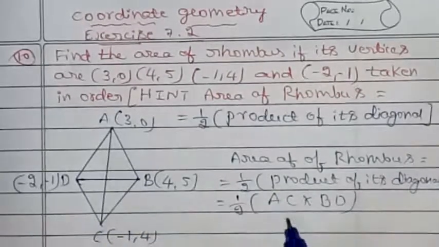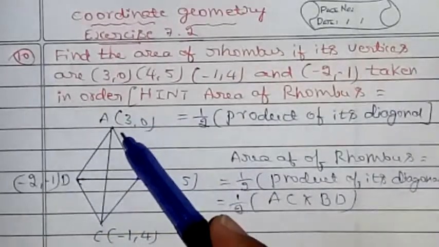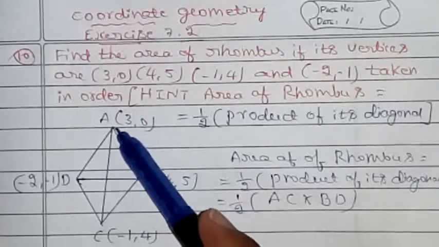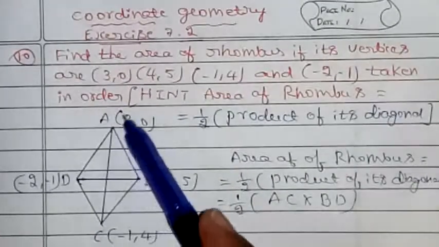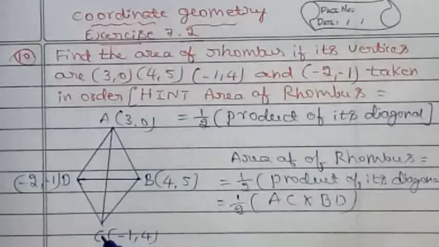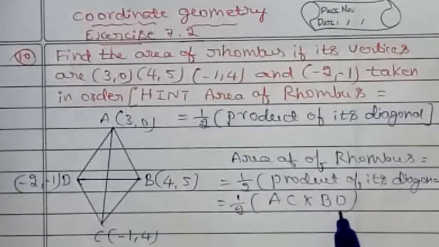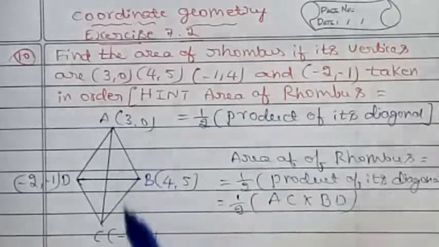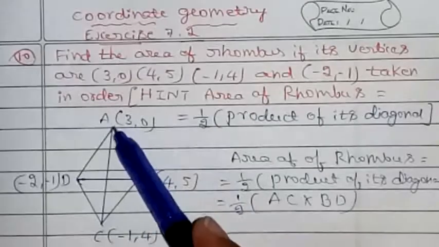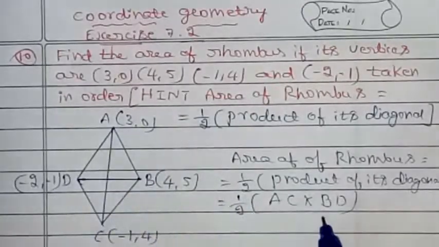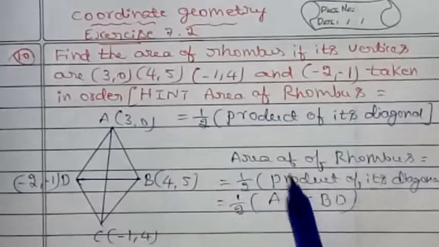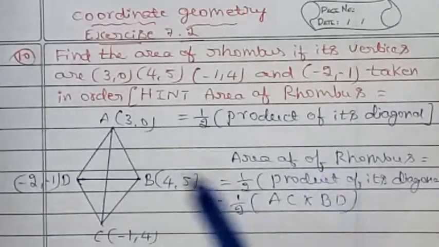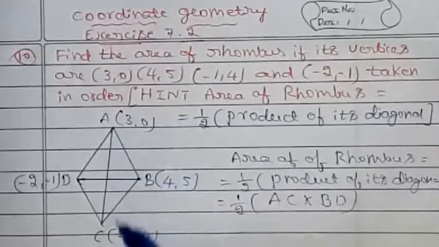Now you need the value of AC, so you need to find the distance between A and C first, because they have given the coordinates of A and C. You also need to find the distance BD. If you find the distances AC and BD, then you can apply them here and find the area of the rhombus. Now how will you find the distance AC?